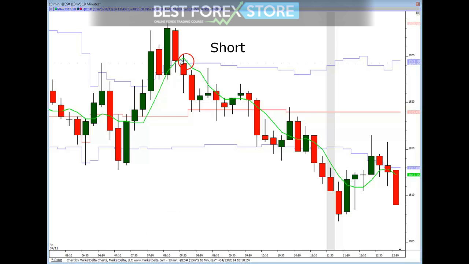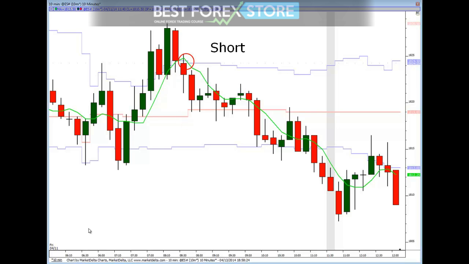Anytime you find that the 5 simple moving average comes up to the value area high and then turns around, crosses down, and is now below it, that is a high probability short.